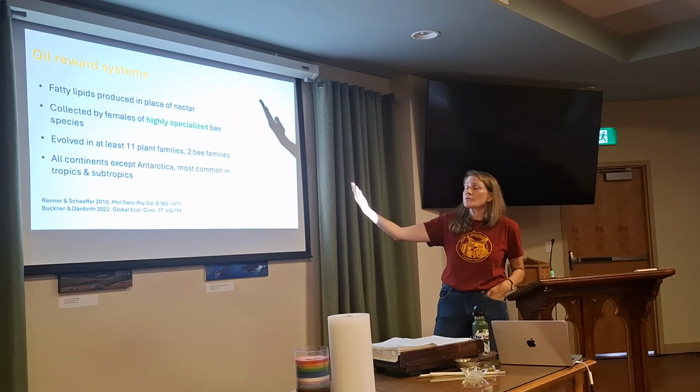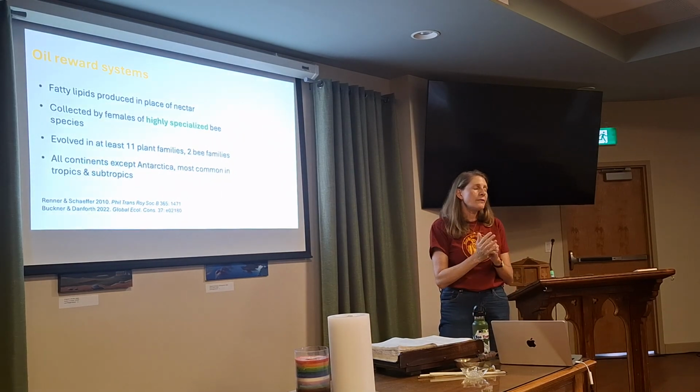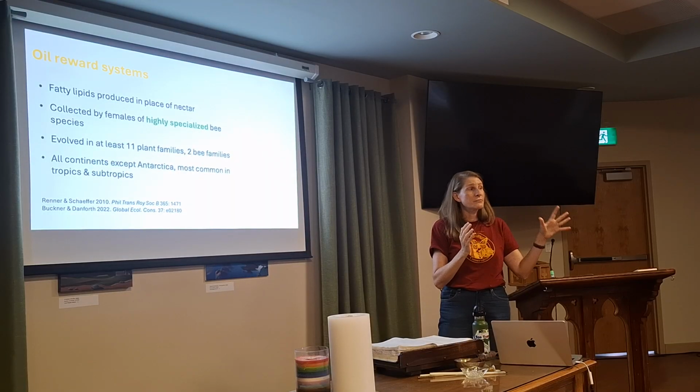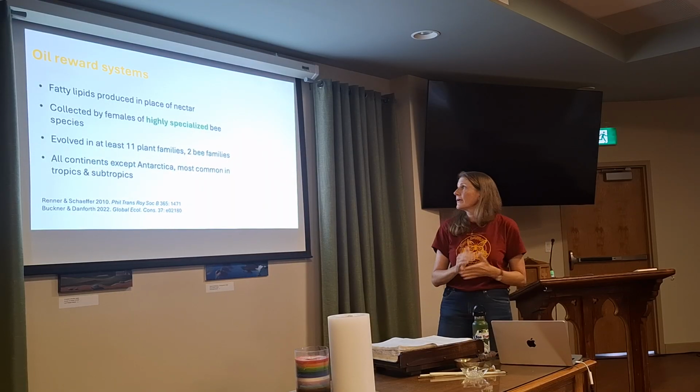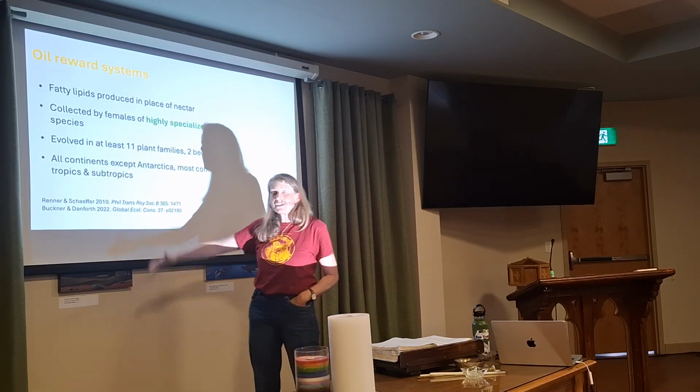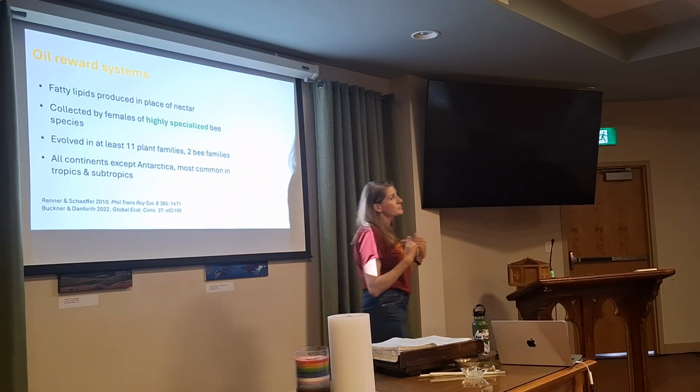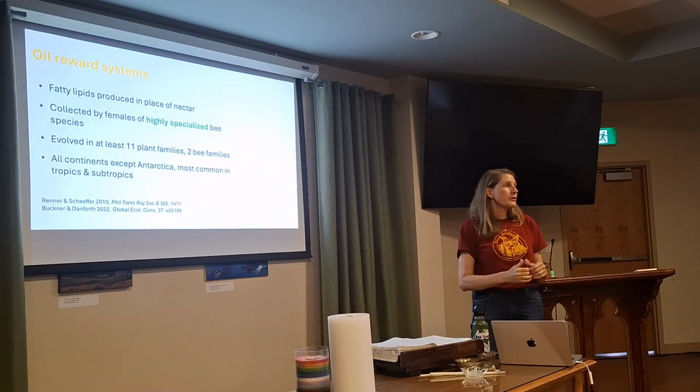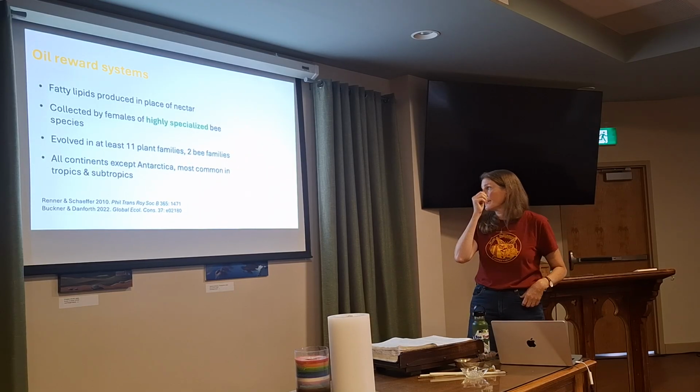And again, these are systems where a plant is producing flowers that make fatty oils as a reward instead of making nectar. The females of highly specialized bee species will collect these oils and use them to provision their young. So they are collecting these oils and including them with pollen masses that their larvae then feed on.